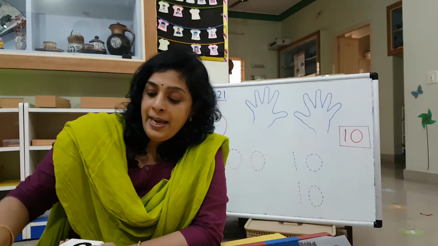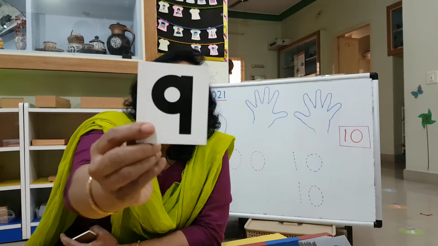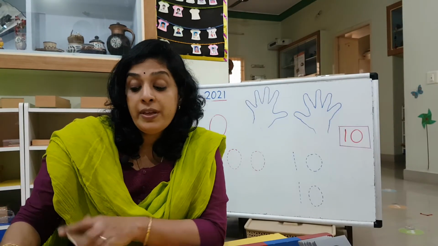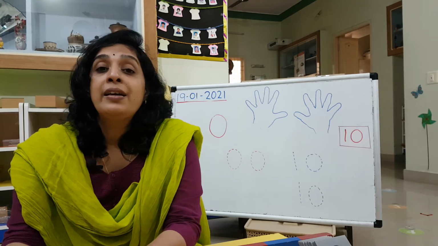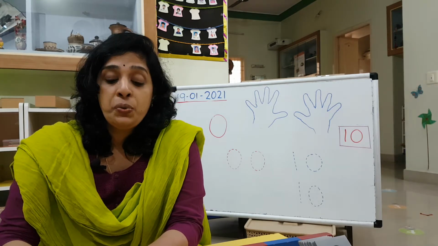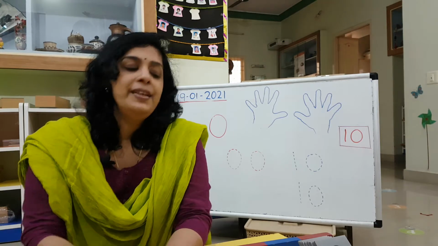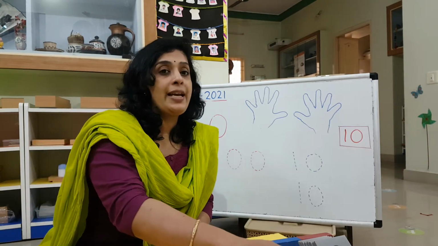Good, that's an 8. And then 9. And what was the next number that we had learned? After 9, 1, 2, 3, 4, 5, 6, 7, 8, 9 and 10. Yes, 10 was the next number.